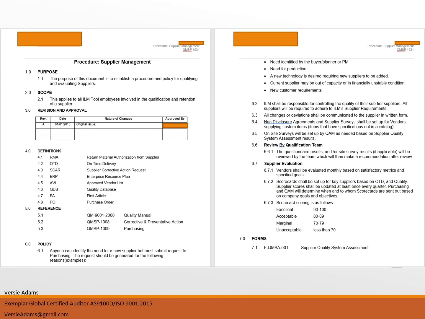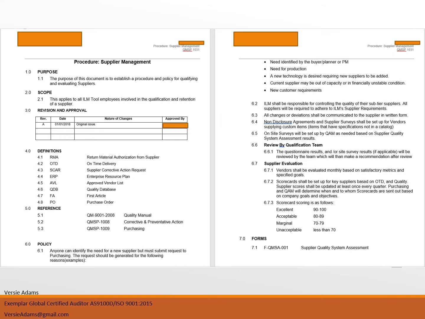Now, this document I have up here is a supplier management procedure. As I stated earlier, you have to have a process to monitor, select, evaluate, and reevaluate your external providers. And this is an example of a document that this organization uses. Again, it goes into the purpose, the scope, the revision, any definitions that are used throughout the procedure, reference documents, cross-reference documents.